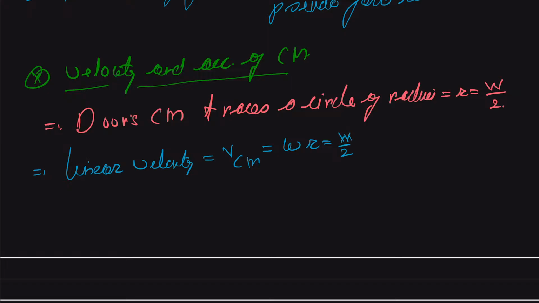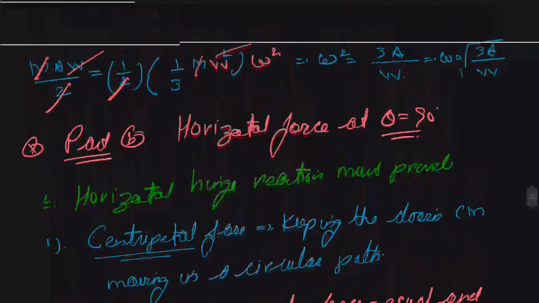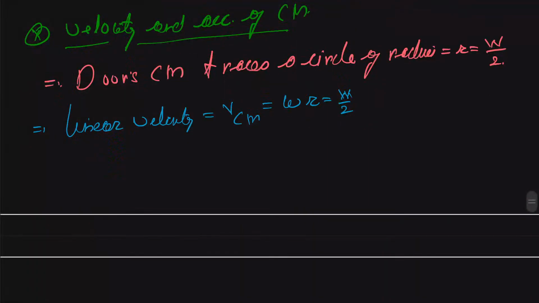Omega we just calculated is the square root of 3a divided by W. So the velocity squared is 3aW upon 4.